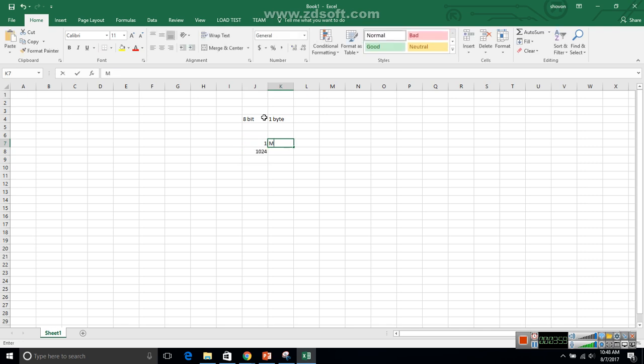So this is MB, this is kilobyte, and then byte. You have to convert kilobyte to byte, so you multiply that value by 1024. It becomes bytes. Now with that value, you multiply by 8, since 1 byte is equal to 8 bits, and that value becomes your bits.